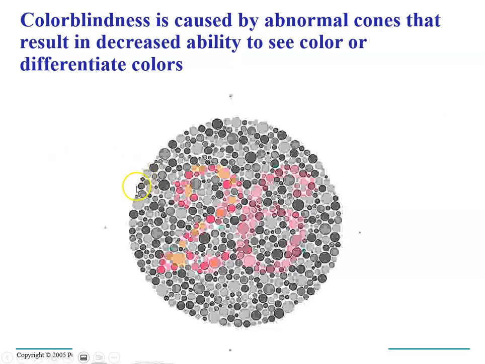So quick check, can you see the number here on the slide? Hopefully you can. If not, maybe you already know that you are colorblind. There's different kinds of color blindness. It really depends on which cones are abnormal or missing. Red-green color blindness is the most abundant in the population. This is not red-green. You should see the number 26.